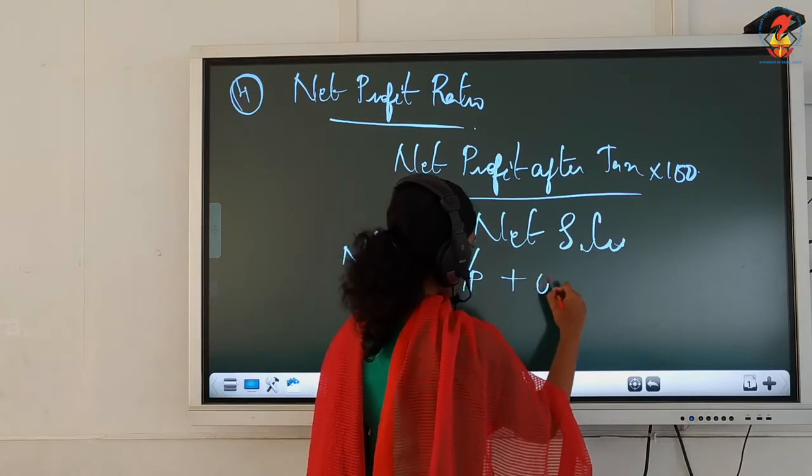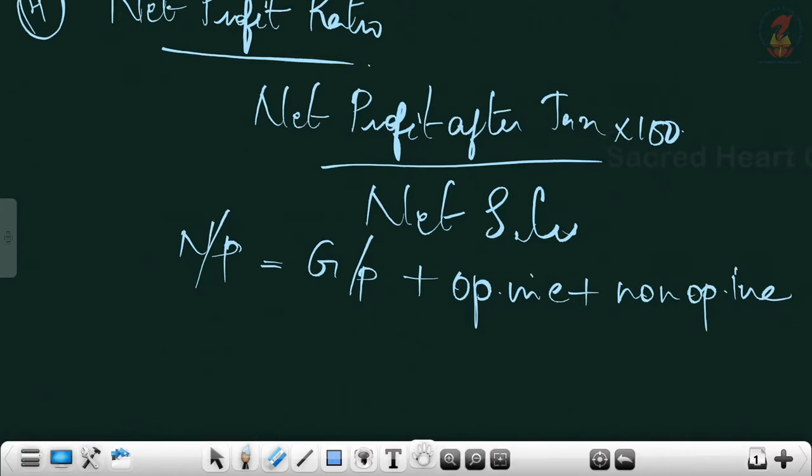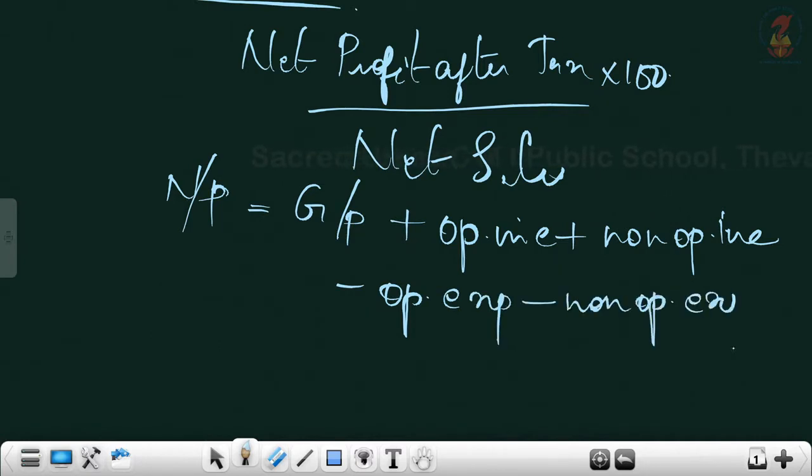Now when you compute net profit, you can add operating and non-operating income. So you don't have to categorize this as operating and non-operating, and less all expenses, operating and non-operating expense. This is what we are doing in your P&L. With gross profit, add all incomes, both operating and non-operating, less all expenses, that is operating and non-operating expenses.